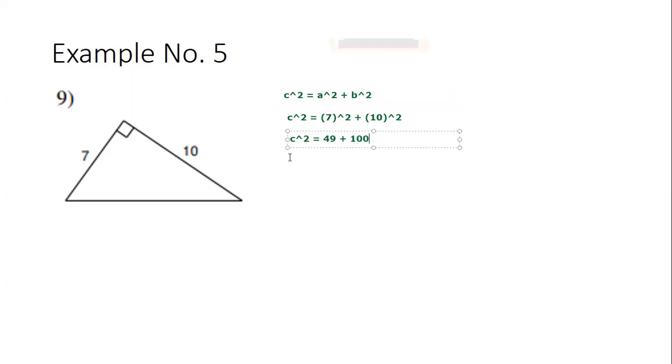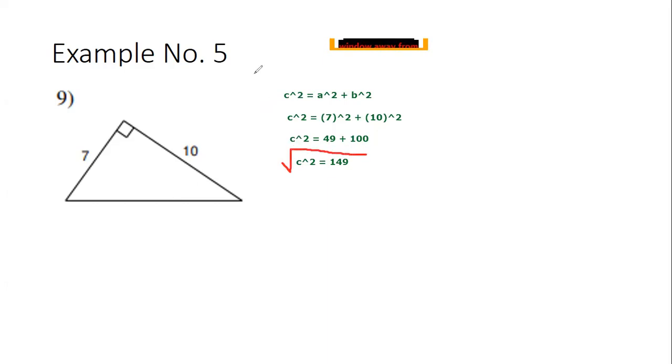So this will be C squared. So 49 plus 100, that's 149. Okay. So to get the value of C, you need to extract the square root of both sides of your equation.